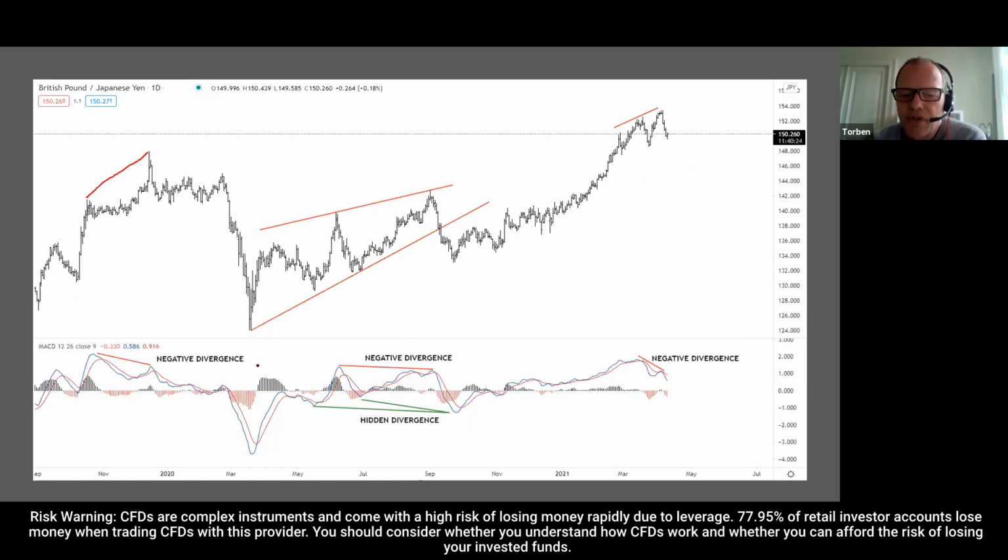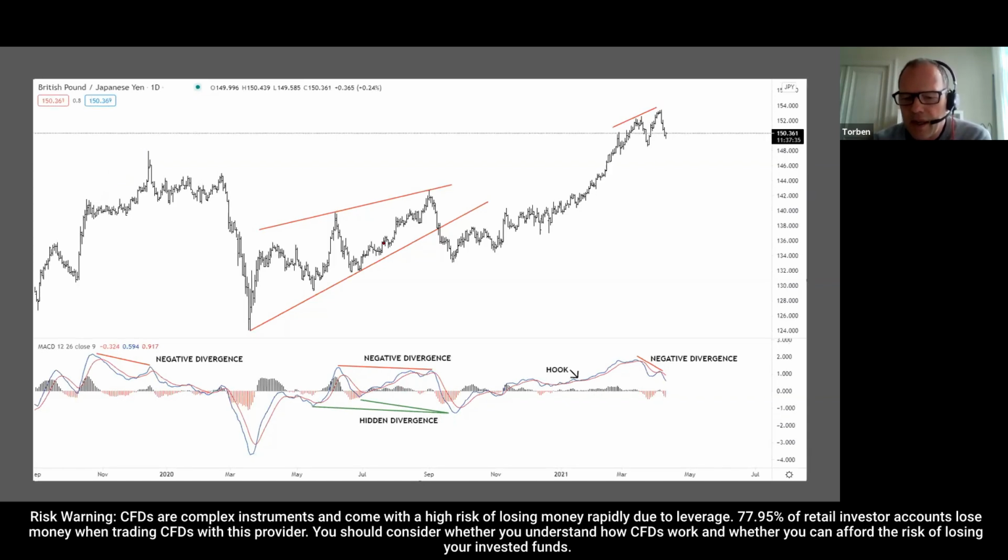Again, I would use those signals here. For me, they are much stronger. They're giving me much more valid signals, and I would use them this way. Yeah, let's move on.